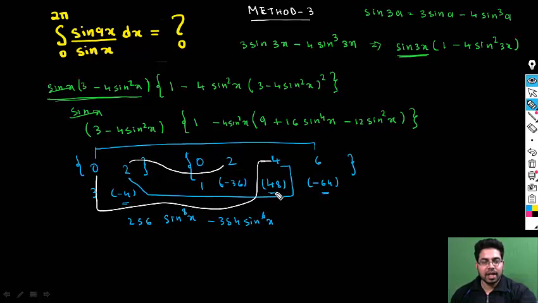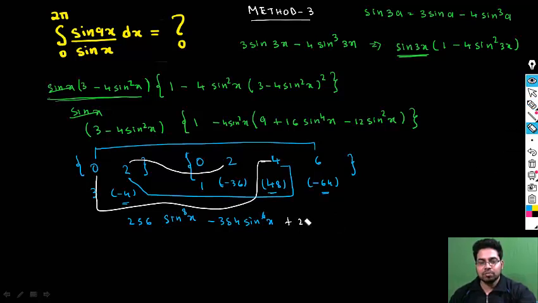So 48 into 3, this 48 into 3, this would be 144, and this minus 4 into minus 36, this would again be 144, that means 288.